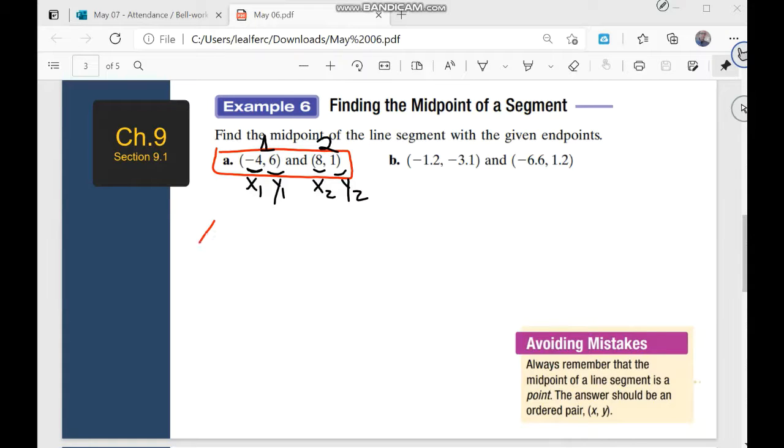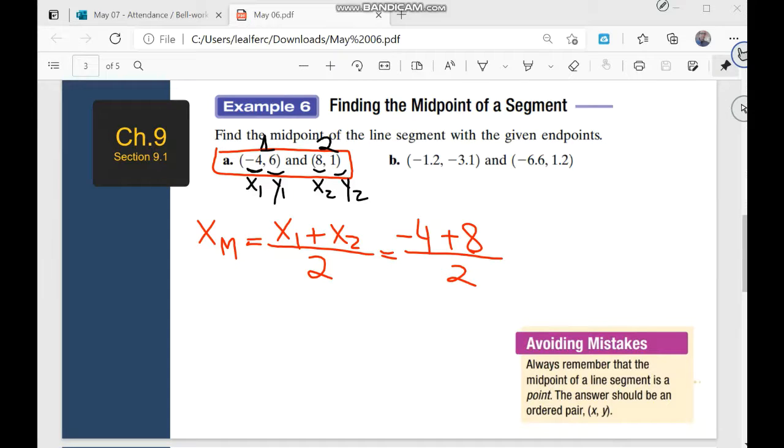So let's find x of the midpoint equals x1 plus x2 divided by 2, which is -4 plus 8 divided by 2. -4 plus 8 is positive 4, divided by 2 is positive 2.